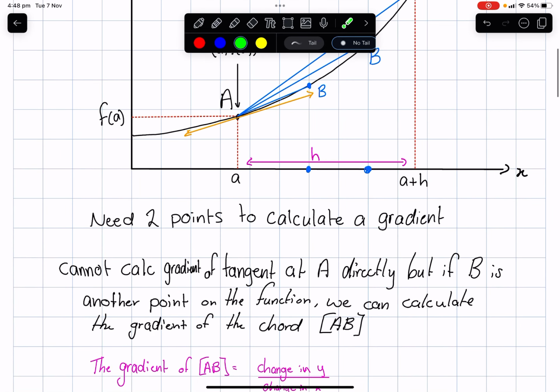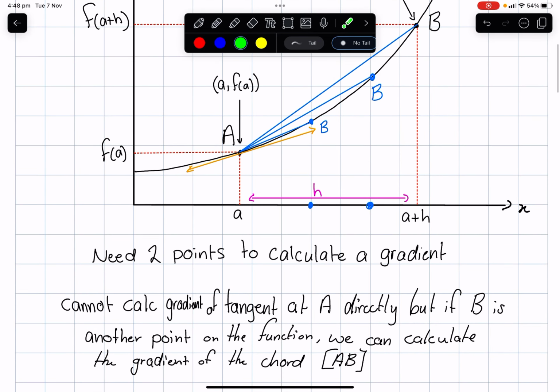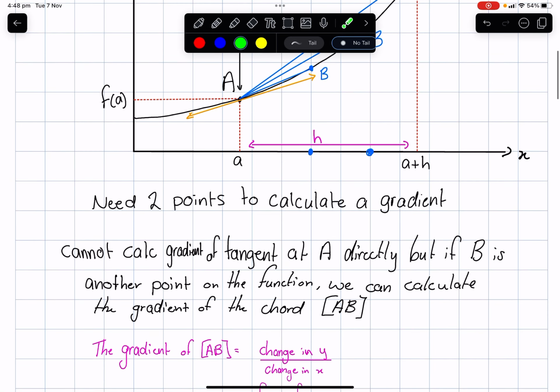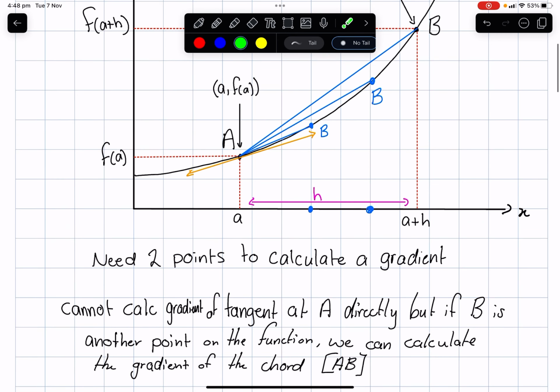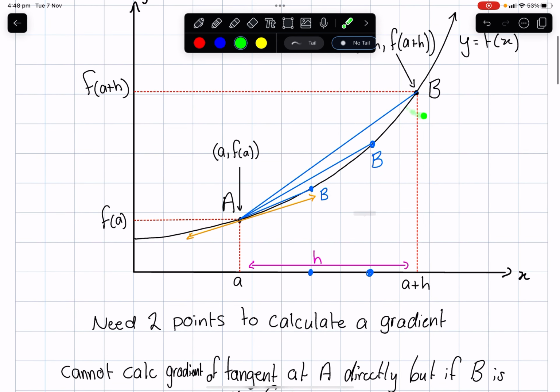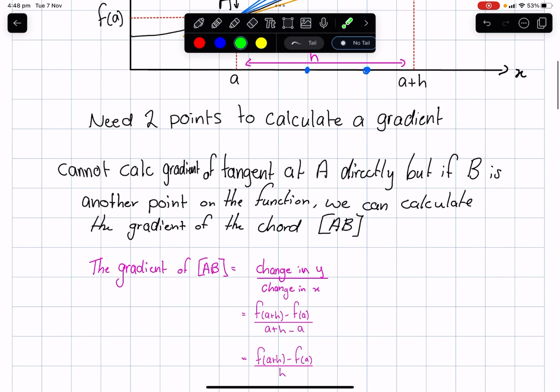Now, we're still calculating a gradient between 2 points. So we've still got my change in y over my change in x. The y coordinate for this B point is f of a plus h, and the y coordinate for my big A point is f of a. So I've got f of a plus h minus f of a.